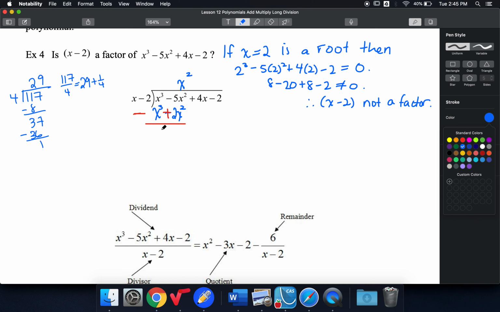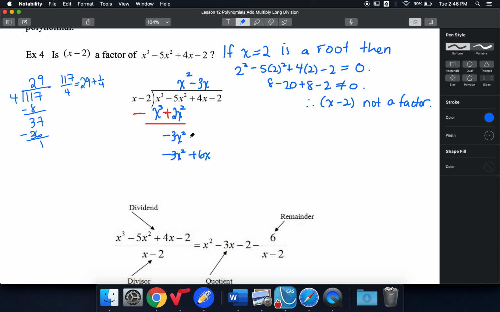So x cubed minus x cubed cancels. Negative 5x squared plus 2x squared is negative 3x squared. So now I'm asking myself, x times what will give me negative 3x squared? That's going to be a negative 3x, so my x's line up. I multiply: negative 3x squared plus 6x.